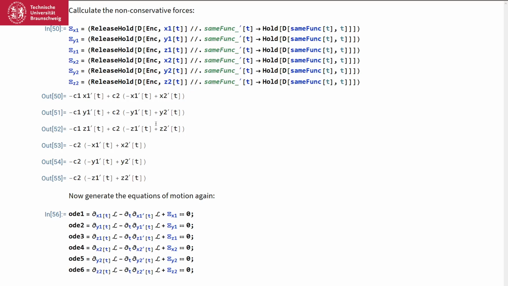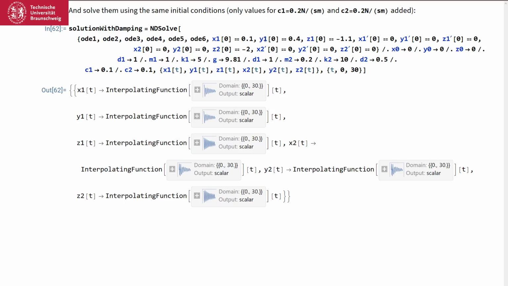Then we take the derivative, and we get our non-conservative forces that simply go into the Euler-Lagrange equations. Now you don't need to think anymore. You just solve it, and the only difference is that you also have to specify the dashpot constant.